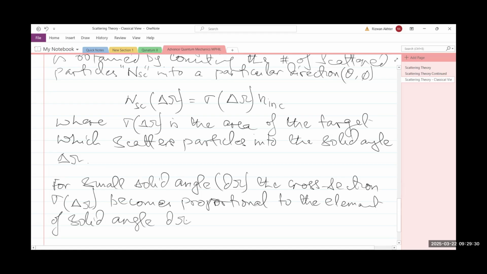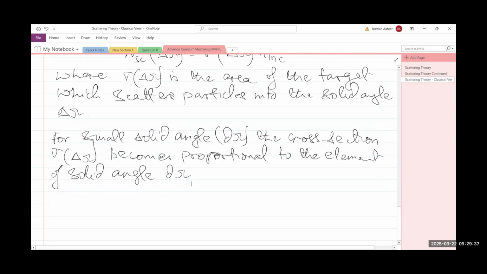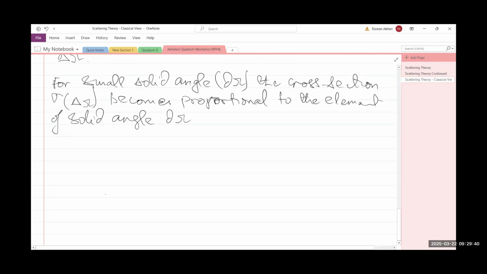So d omega is an element of solid angle, and so one could write this expression in terms of a small solid angle as n scattered d omega, which equals d sigma over d omega in an element of a small solid angle, which is d omega, times NIC.